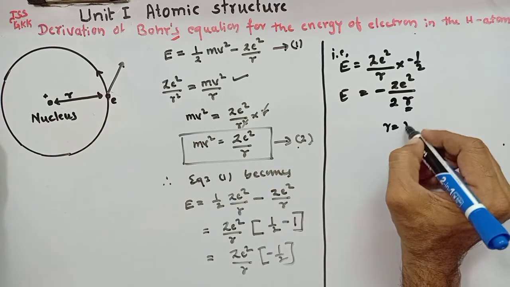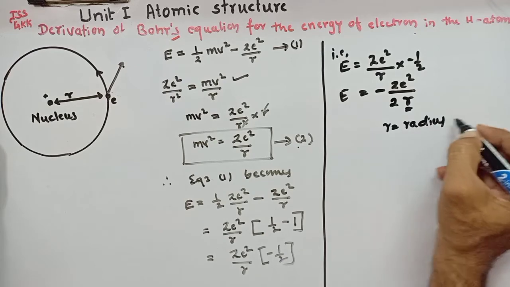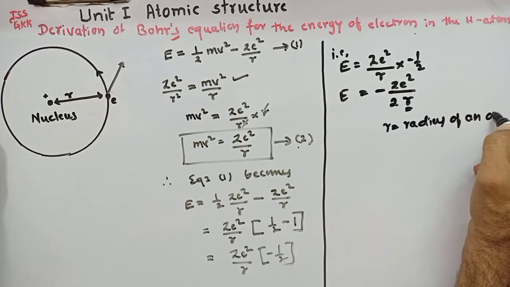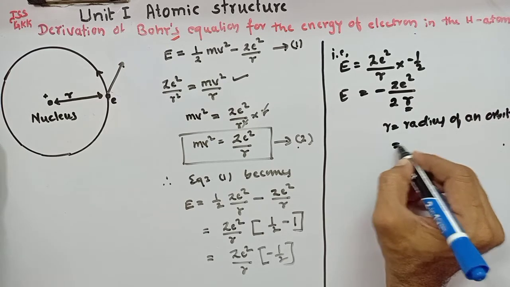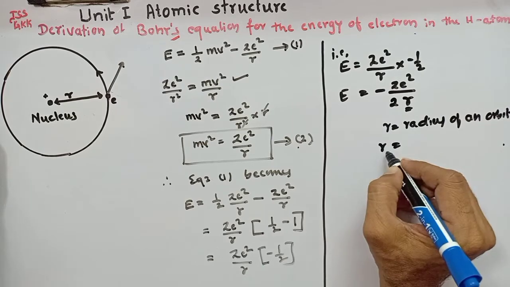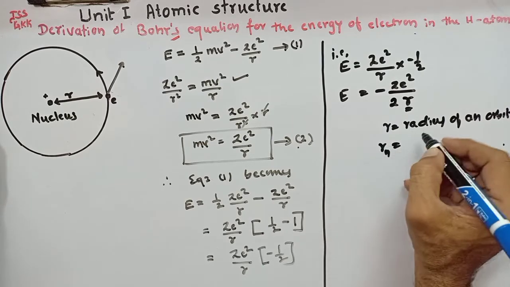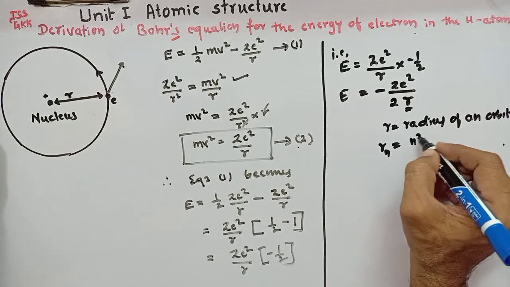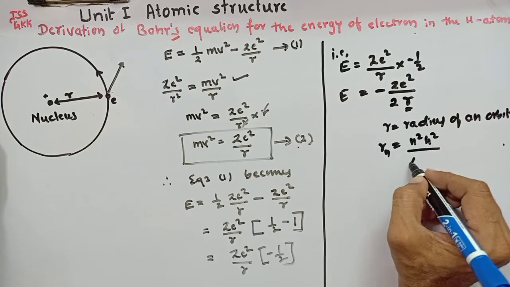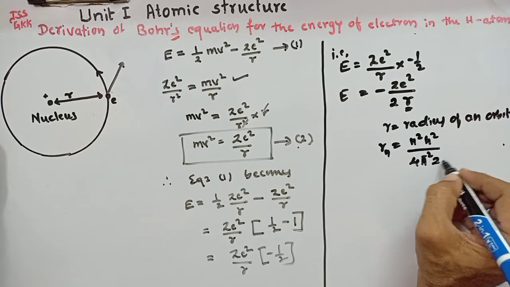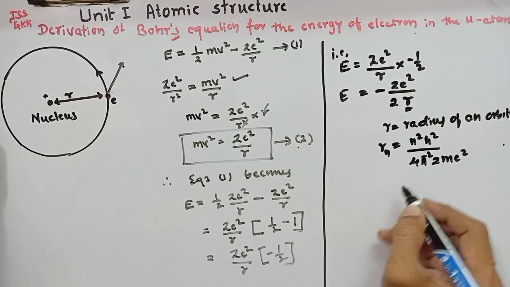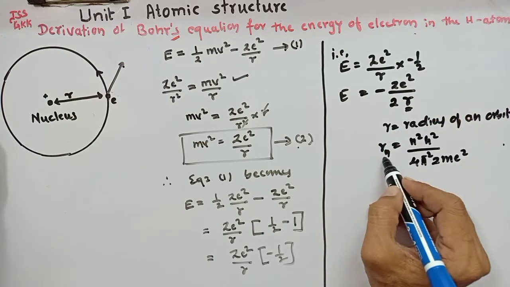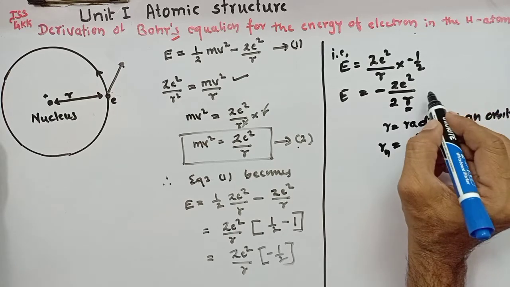the radius of an orbit, and the general term we can use for the nth orbit radius is r equal to n square h square divided by 4 pi square z m e square. Now put the value of r in the above equation.